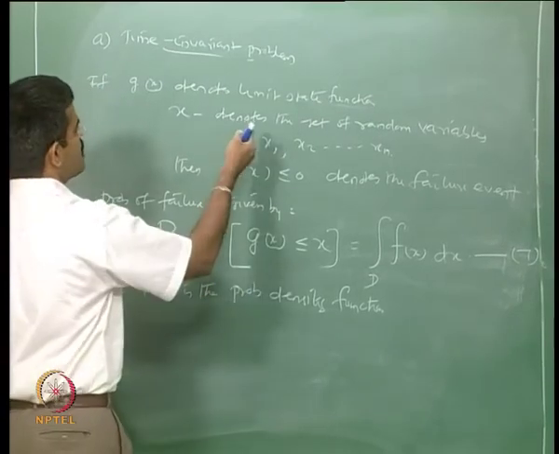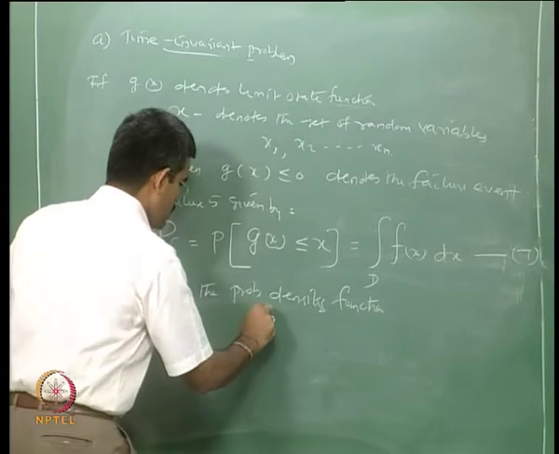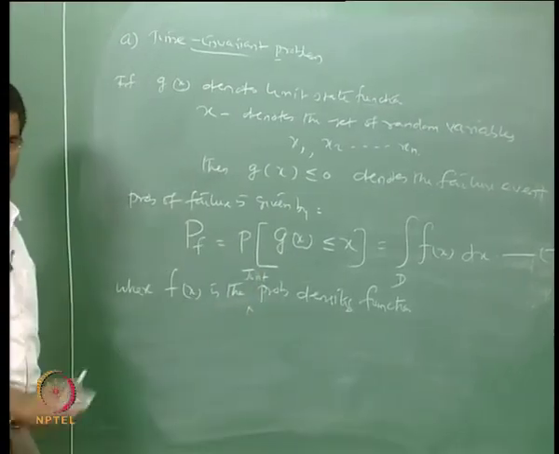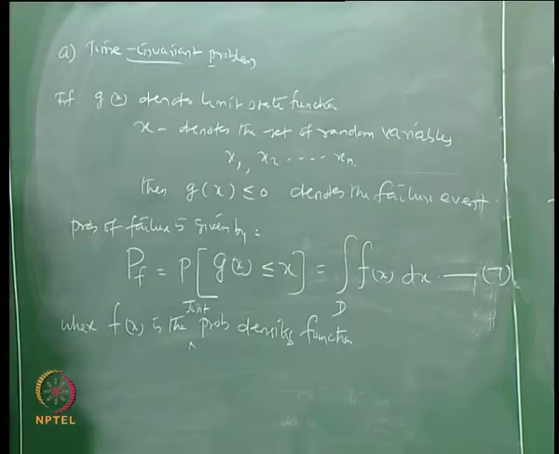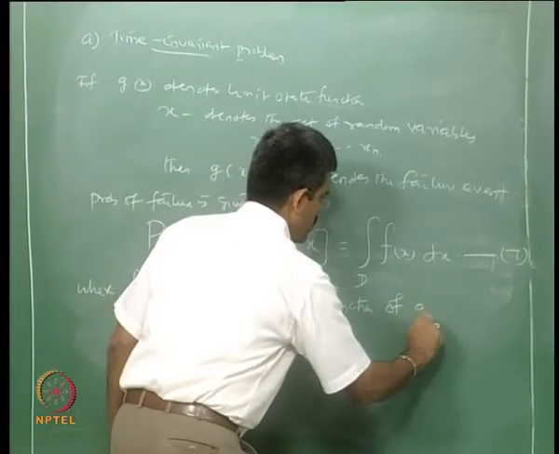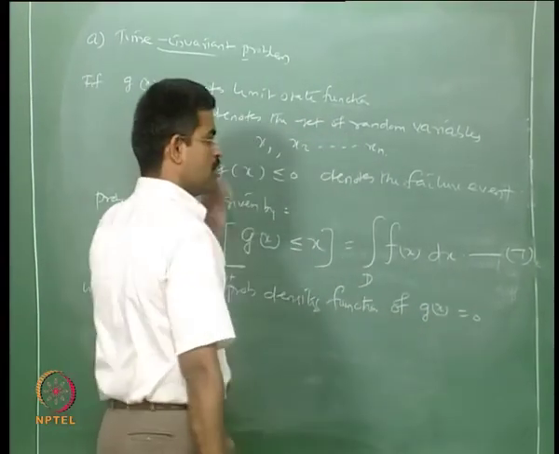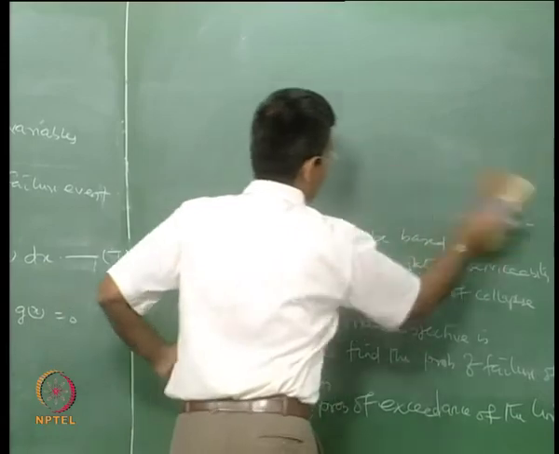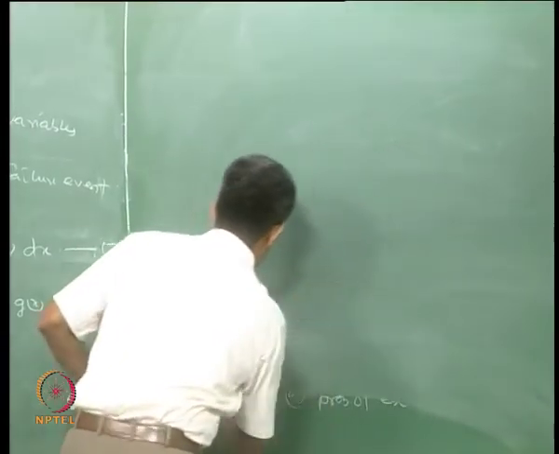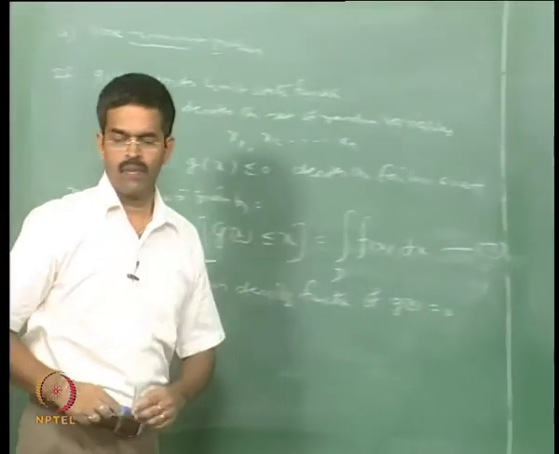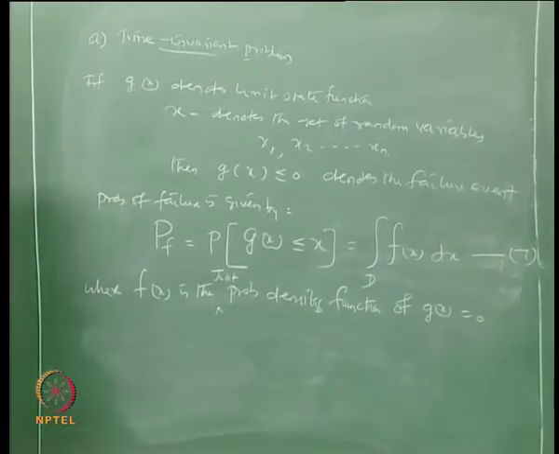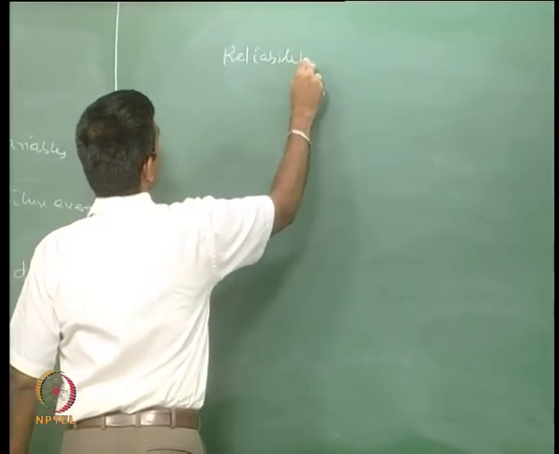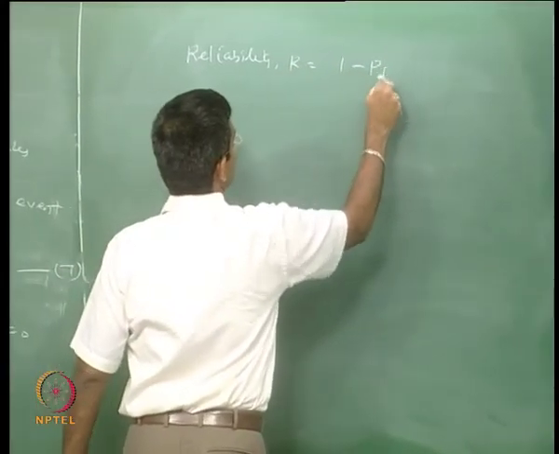Since x is a combination of x1, x2, x3, I can say even this is the joint probability density function of g of x equals 0. We can plot this. Now reliability will be given by 1 minus probability of failure.